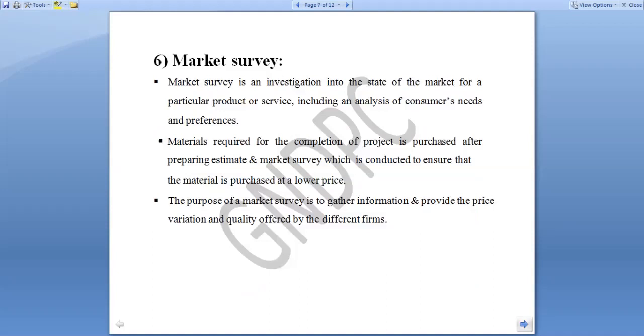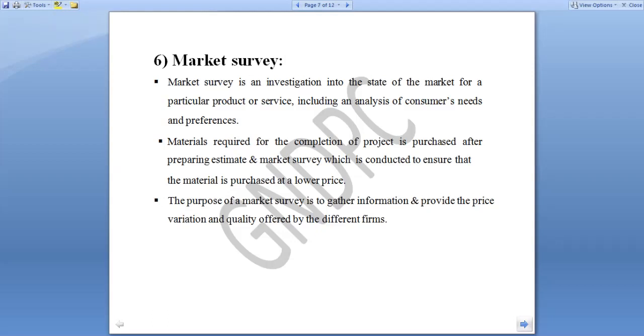Next comes the market survey. Market survey is an investigation into the market for the particular product or service, which includes the analysis of consumers' requirements and preferences. The materials which are required for the completion of the project are purchased after preparing the estimate and market survey.